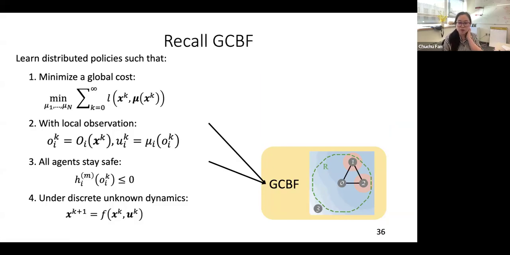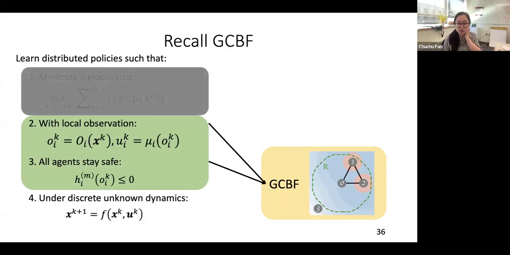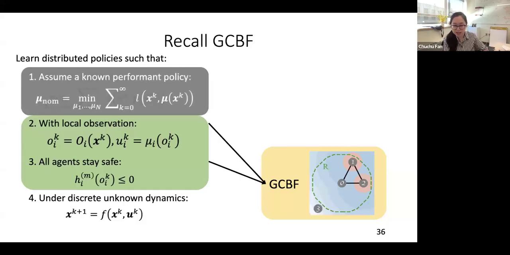Okay, so come back to GCBF. Remember, GCBF supports local observation and it can make sure systems are safe. However, we need a known policy as a nominal policy. In my previous setting, the agent has a destination to go to, and that destination is given. But here, we do not have that given destination or given nominal policy.